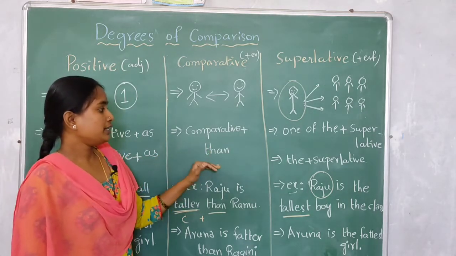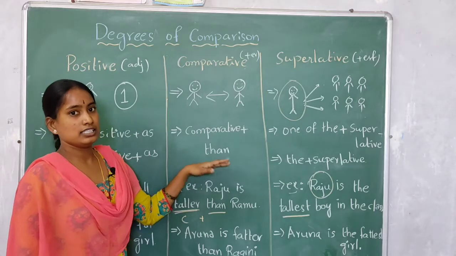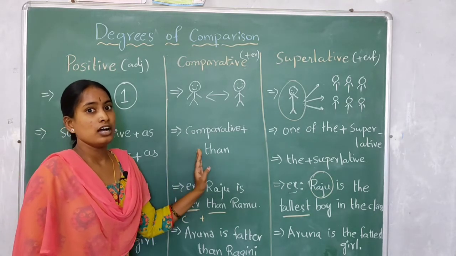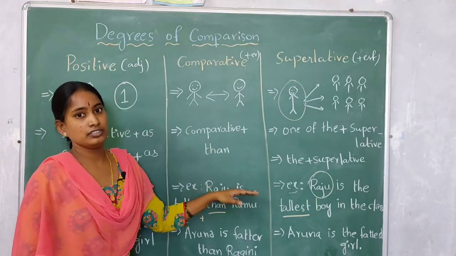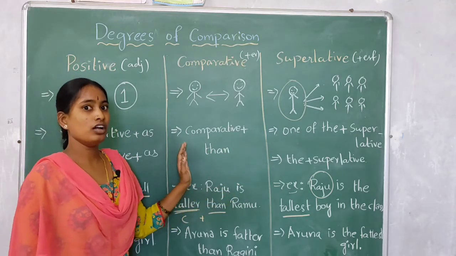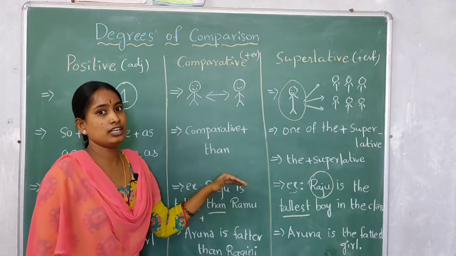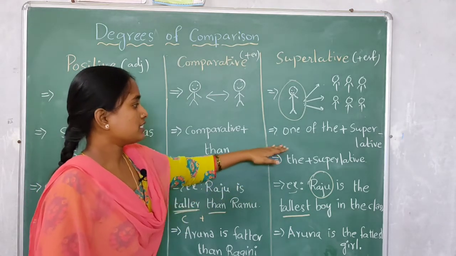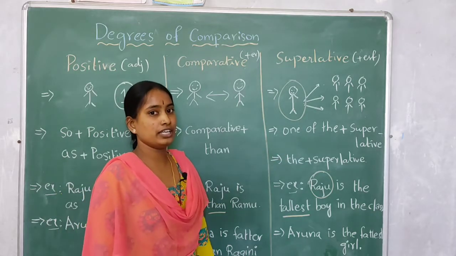Next, comparative degree plus than. This is the form of comparative degree. So we can use Raju is taller than Ramu. Rani is shorter than Ravi. So like this we can use. Next, the structure of superlative degree.